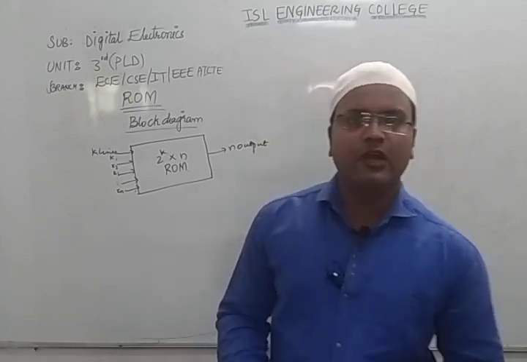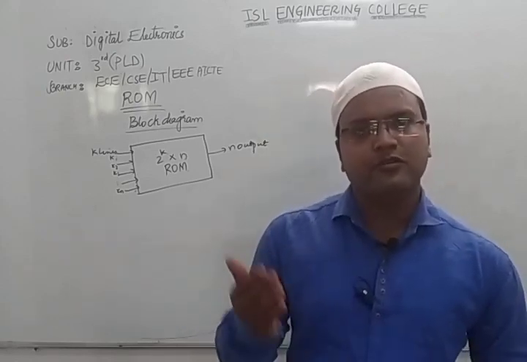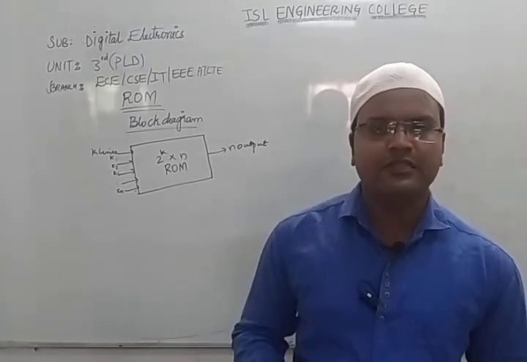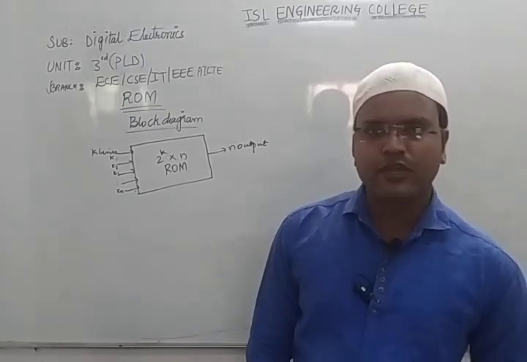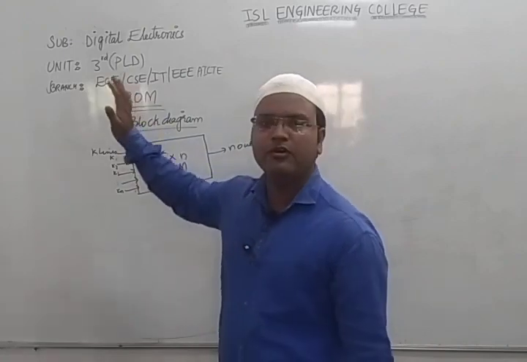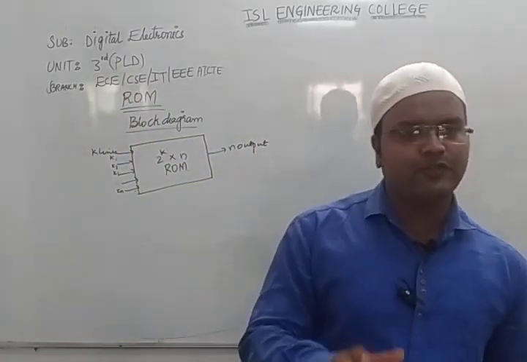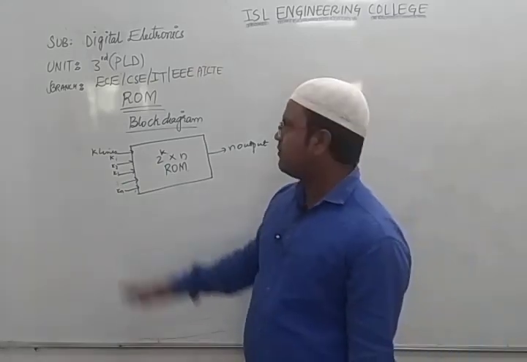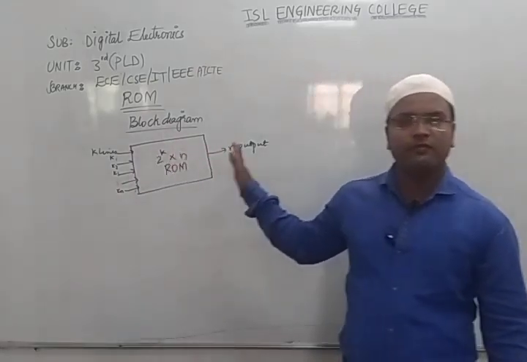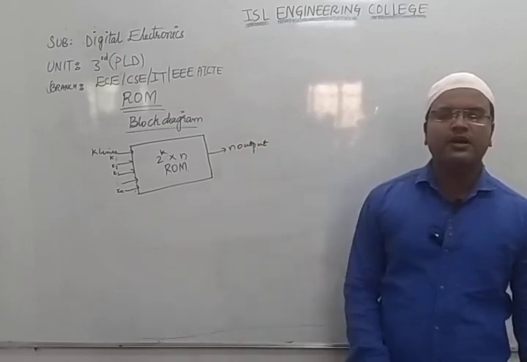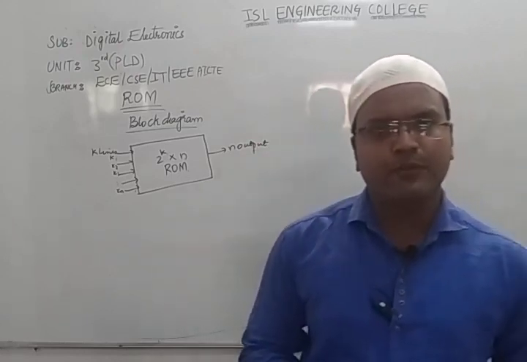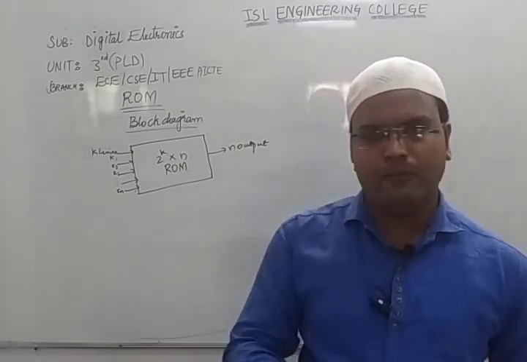Third is what kind of operation you are going to perform, whether you are going to perform a write operation or whether you want to read out from it. In ROM, we are only going to read out the particular information. For that we require only the read operation. So we can perform a read operation only. You have to keep that point in your mind whenever we are designing the ROM.